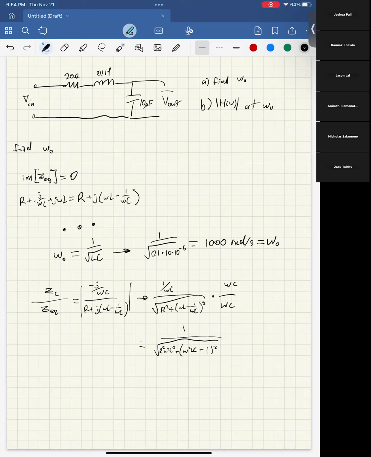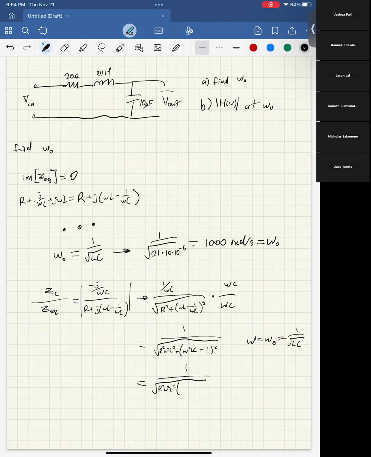So if we were to plug in omega equals omega naught equals 1 over square root of LC, you get the square root of, I'll leave this omega squared as an omega squared for now.